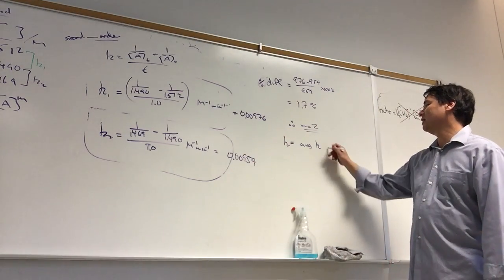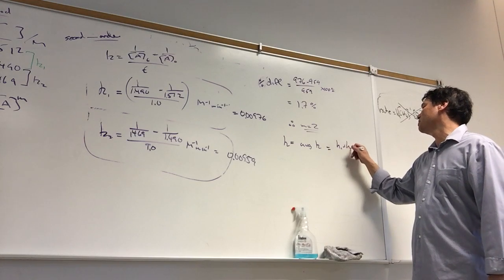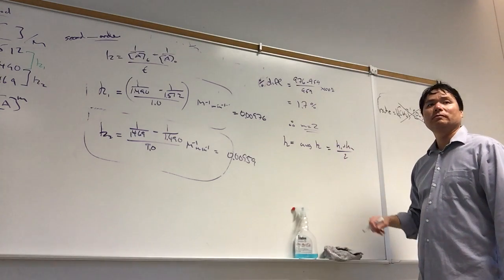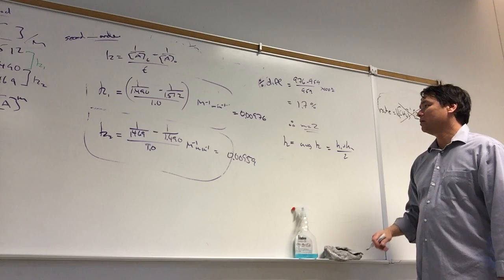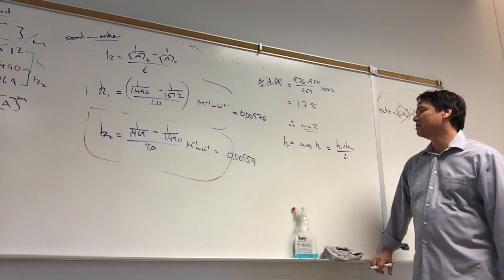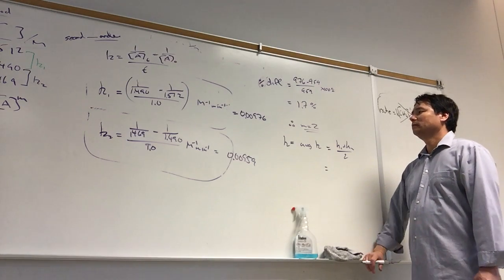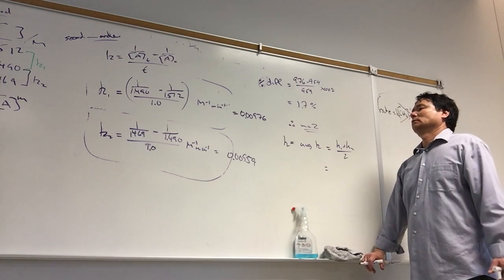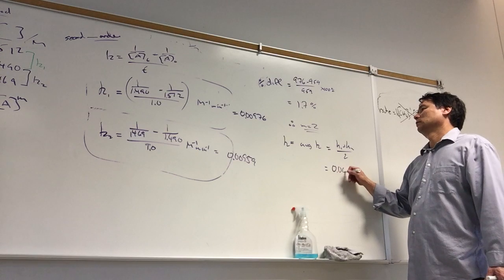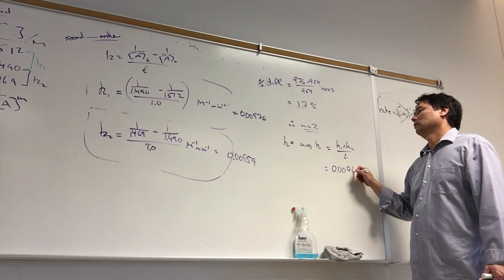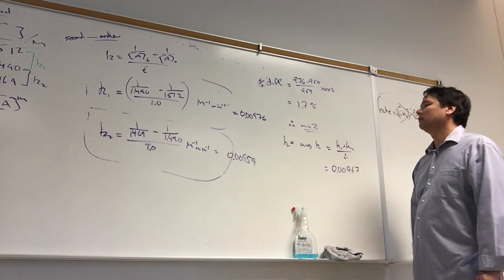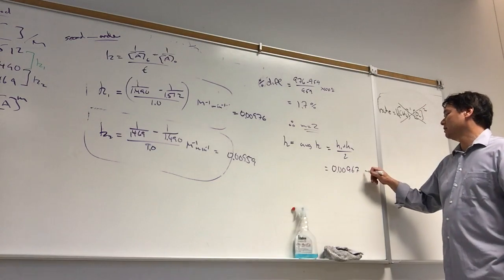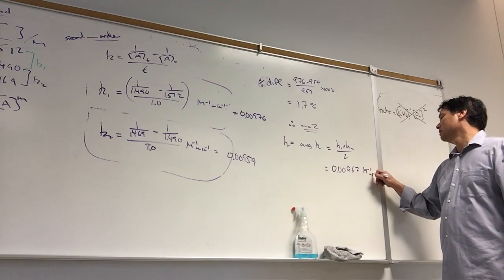But both K's should be the same, so we'll just take K1 plus K2 divided by 2. So 959, 976, what's the average of that? 0.00967. Okay, the units here are going to be molar to the minus 1, minutes to the minus 1.